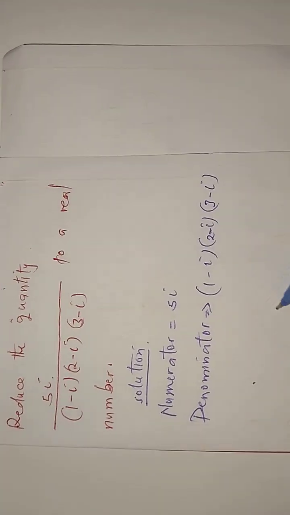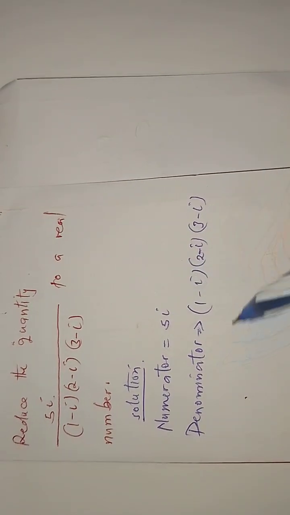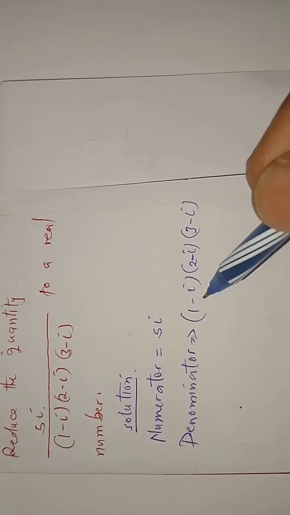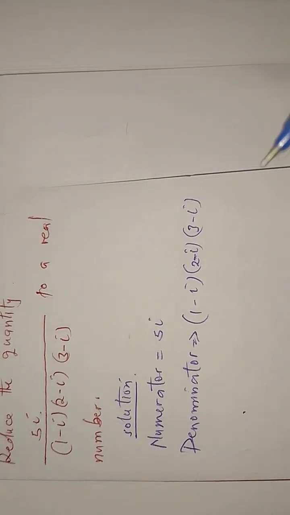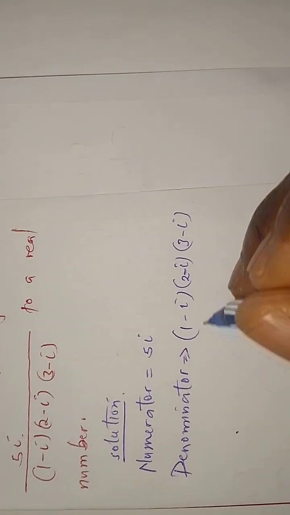So you have to solve this first to simplify. I shall find the product of 1 minus i, 2 minus i and 3 minus i. Let's start.